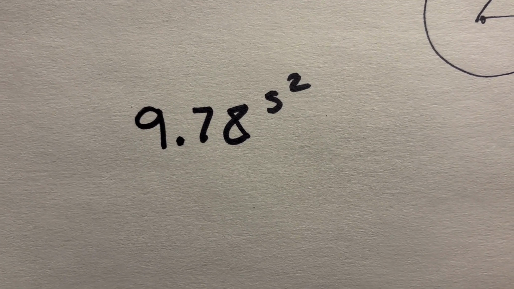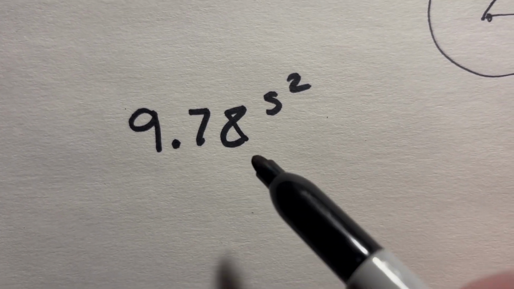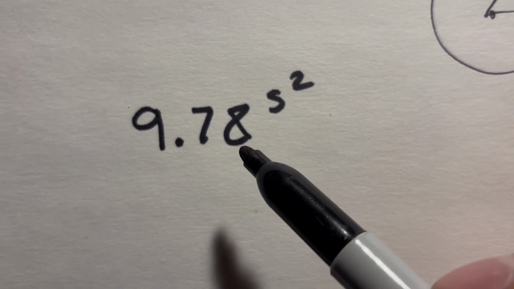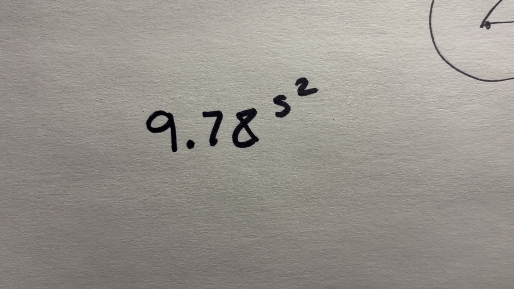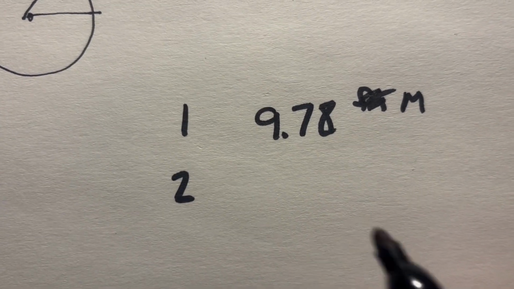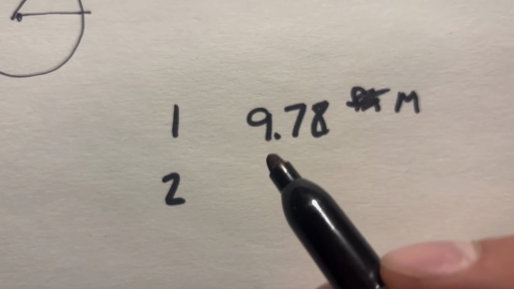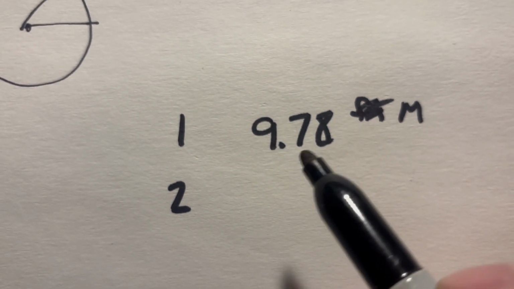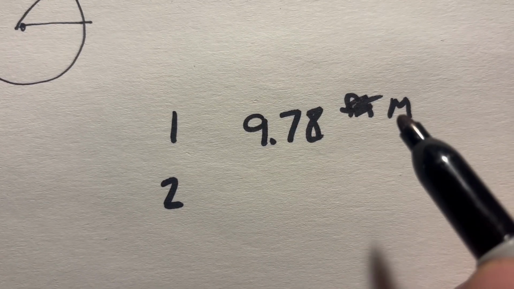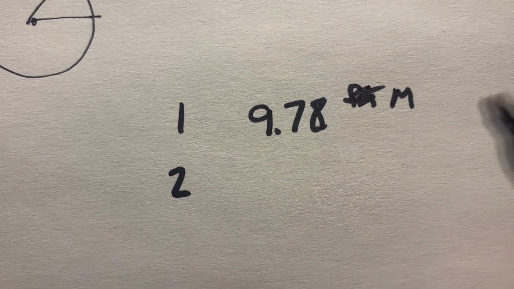On the surface of the Earth, the rate of falling is 9.78 meters per second squared. So for every second that an object falls on the surface of the Earth or near it, its speed increases by 9.78 meters per second.